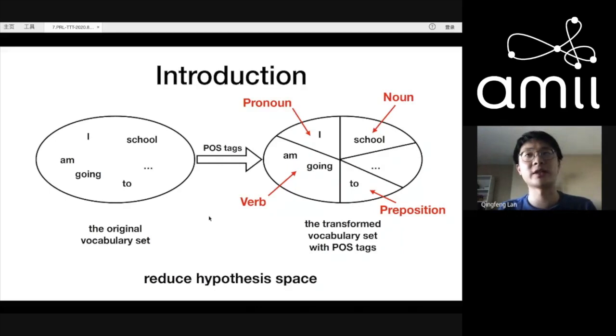For example, let's say it's a verb, then we can focus only on the verb set and ignore the other parts, which can greatly reduce the hypothesis space and improve the probability of predicting the next word. So that's the basic intuition.